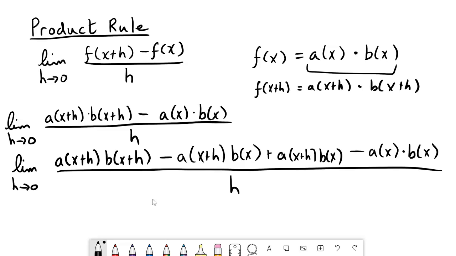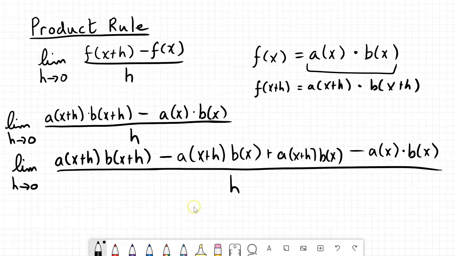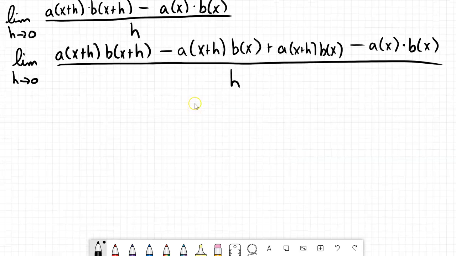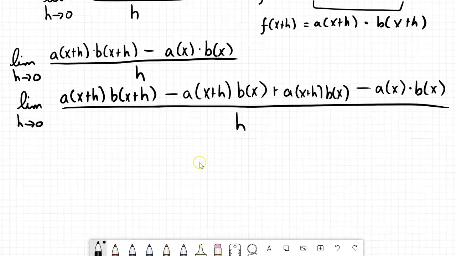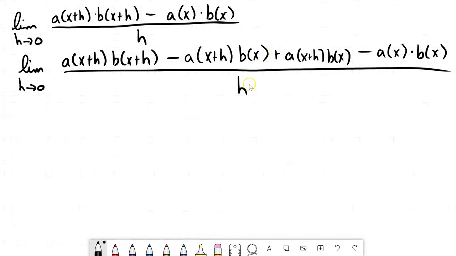So these two would cancel out and you're left back at this step. This was a creative step they took, which is actually really helpful because it led them to the product rule. So where do we go from here? What I'm going to do is split it, because we can split fractions, since the common denominator is h. So let me do that.